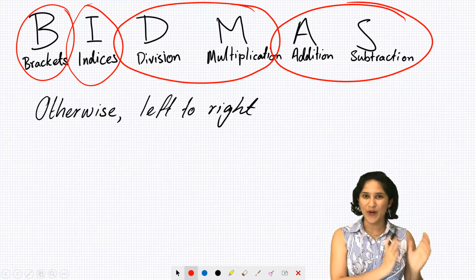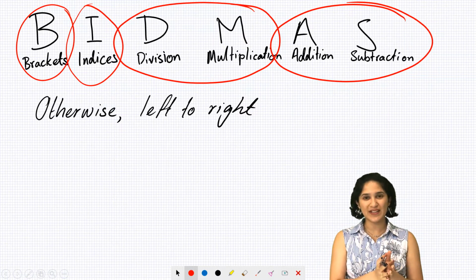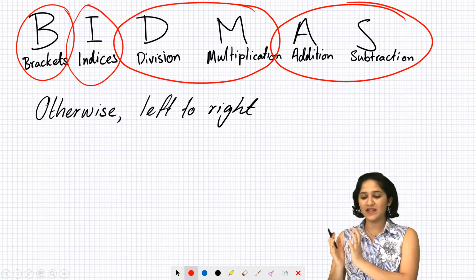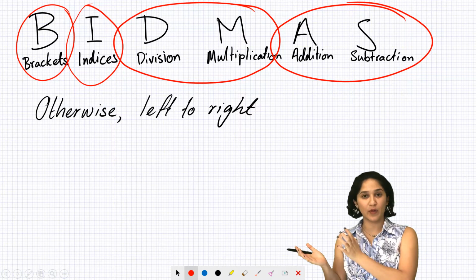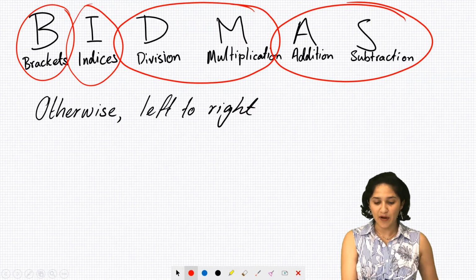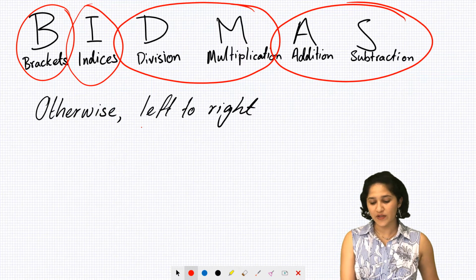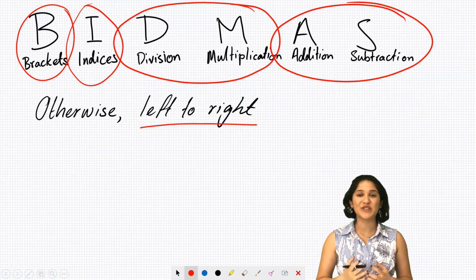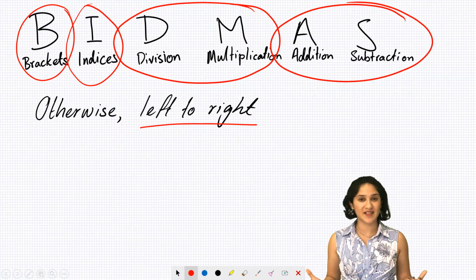But brackets have to come before indices, indices have to come before division or multiplication, and division and multiplication have to come before addition. And otherwise, apart from those rules, we always go left to right. I often refer to equations as math sentences.